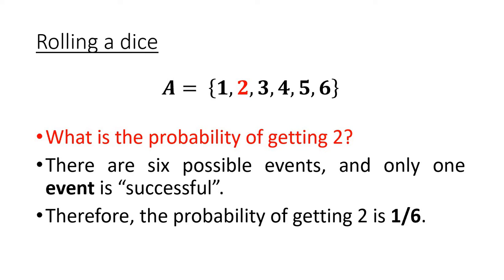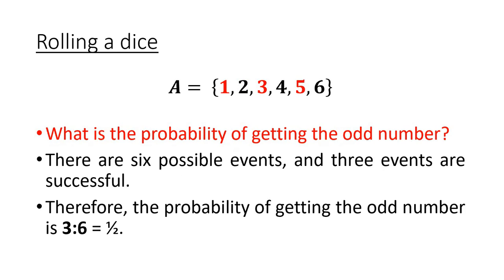And as we mentioned before, all 6 outcomes are equally probable, so probability of getting 2 is equal to 1, the number of successful events, divided by 6, which is the number of elements in the sample space.